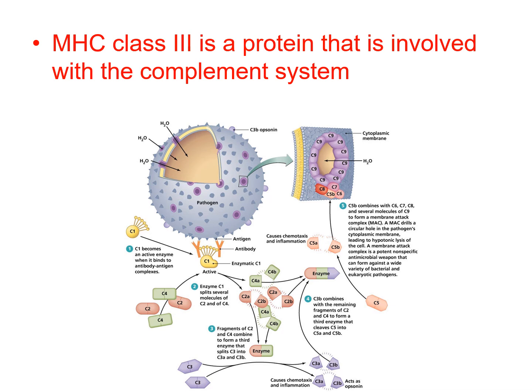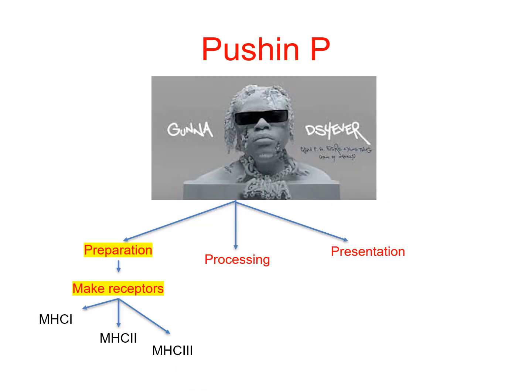We're going to skip class 3, but it is a protein that is involved with the complement system. Pushing P is specifically talking about preparation of those receptors. So I'm finished covering the first P. We talked about MHC1, we talked about MHC2, and we just concluded with MHC3.